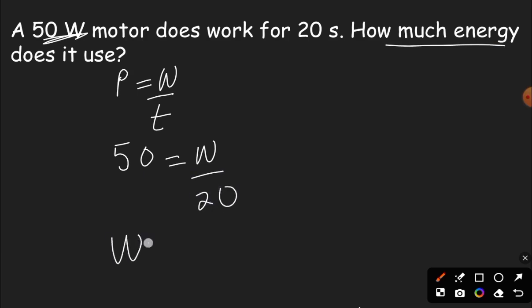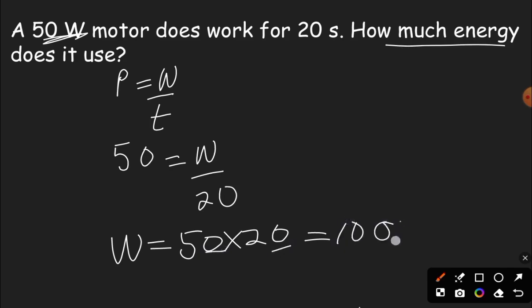So your work equals 50 times 20, which is going to be 5 times 2 is 10. So you add the number of zeros remaining, 1, 2. 1000 joule.